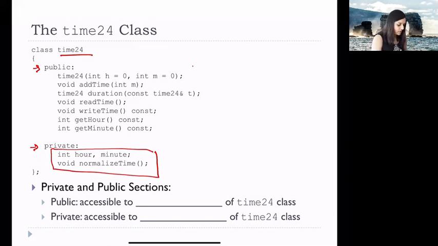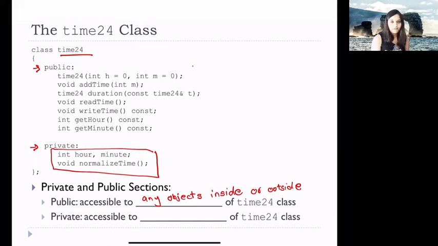I think most of you should get this right, okay? Because we already talked about that just a minute back. So if it's labeled as public, then it's accessible to any object or objects inside or outside of class Time24.